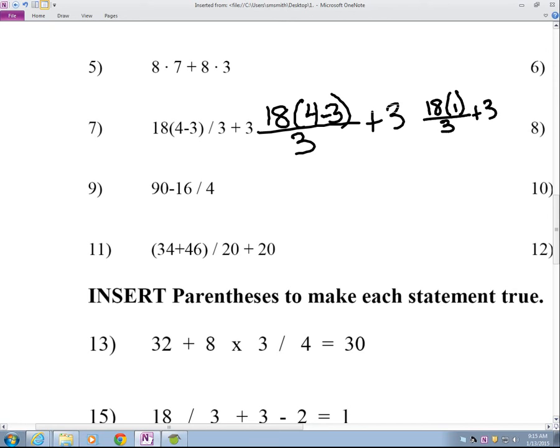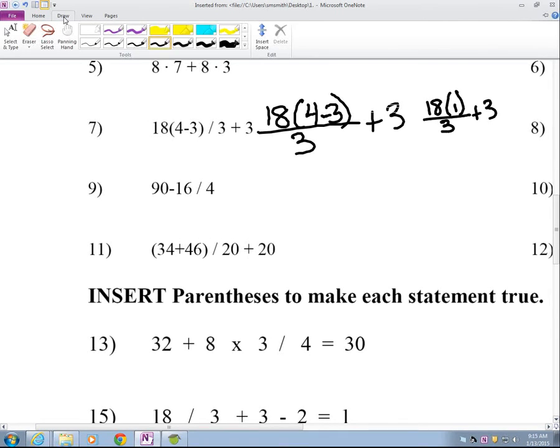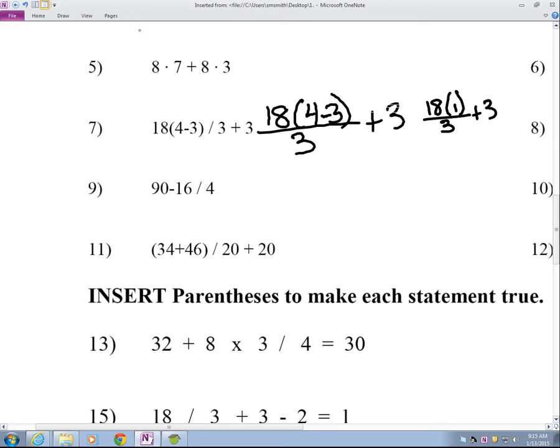Divide. Is there any multiplication there? Yeah, 18 times 1, that's tough, right? 18. So then we're going to divide, which 18 divided by 3 is? 6. I'm going to change color so you can follow me. So we just have 6 plus 3, which equals what? 9.